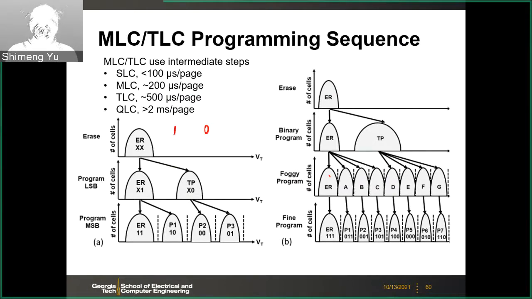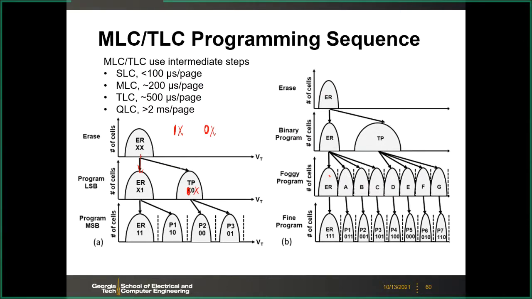If it's 1, you will maintain those cells in the erased state in the first intermediate programming. You don't do anything. If your data is 1x or 0x, I should say it this way, I think.